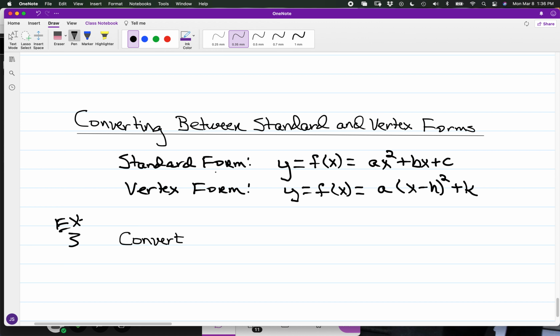So if I have, convert f of x is equal to x squared plus 6x plus 8 to its vertex form, and then determine the vertex.